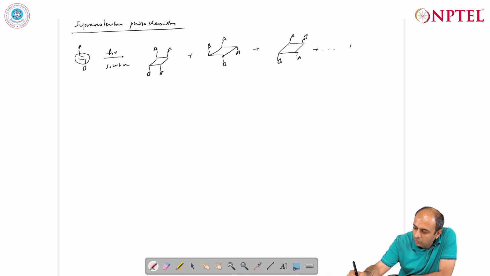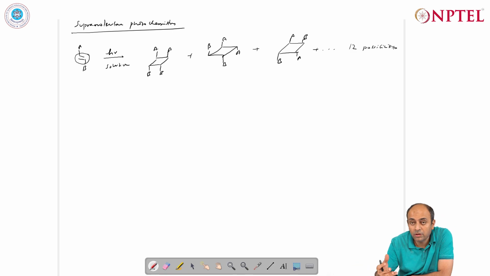Like that, there are 12 possibilities which exist. So there is no control over the reaction, because you can have dimerization in so many possible ways.